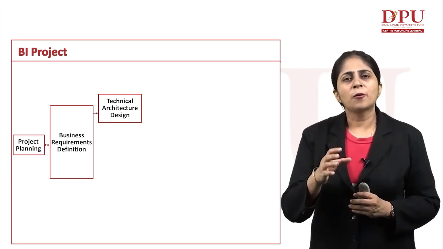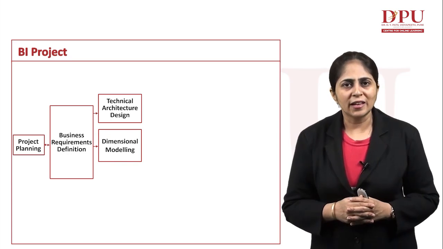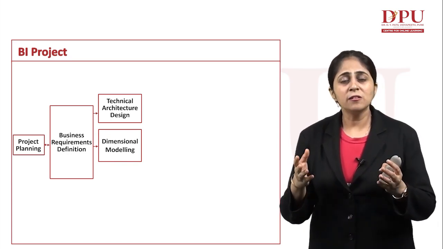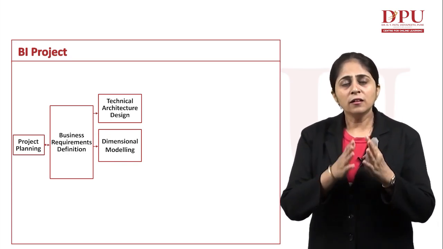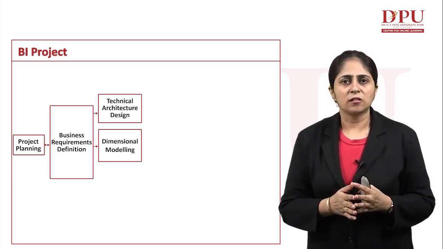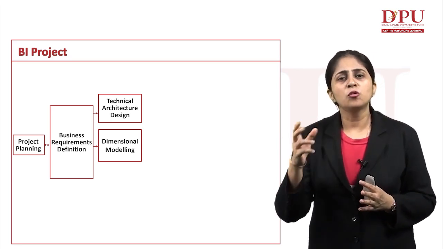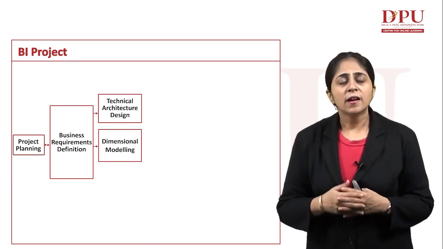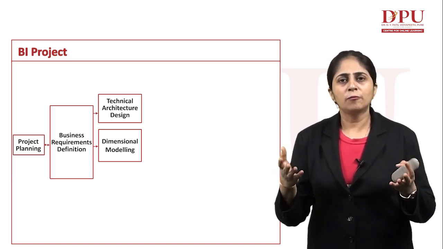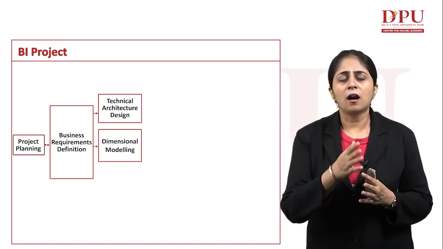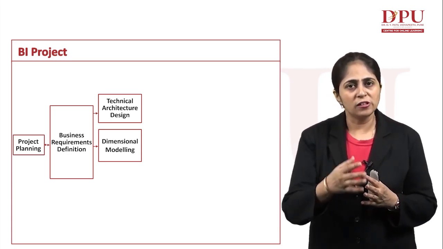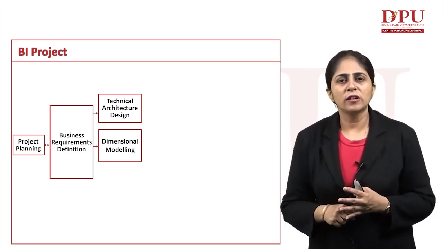Simultaneously, in this phase, the process of dimensional modeling will take place. Dimensional modeling means we have to design what dimensions we need to consider if we are building this project. We can view the data in the form of location, location-wise.